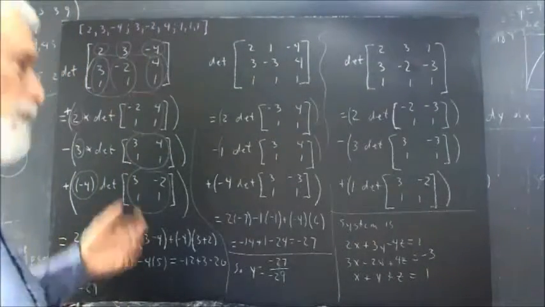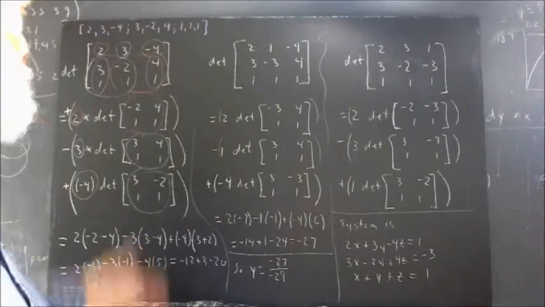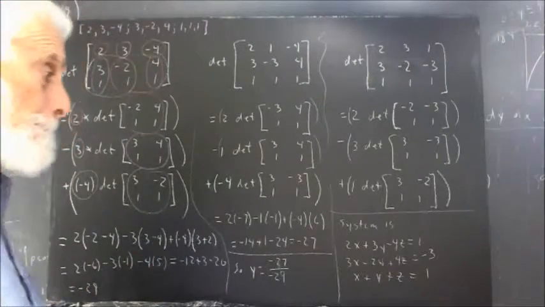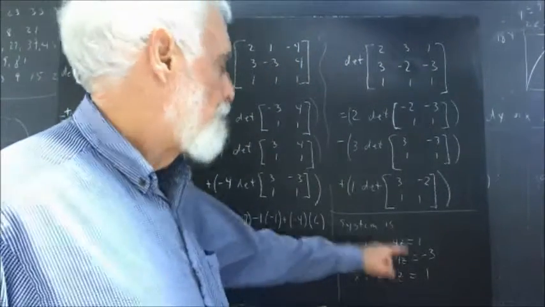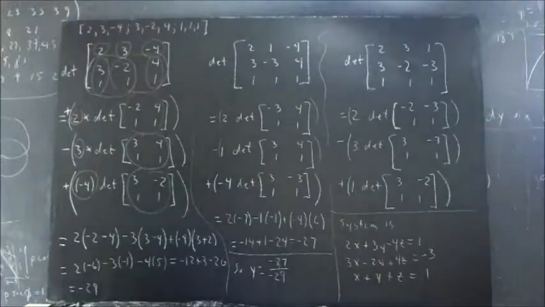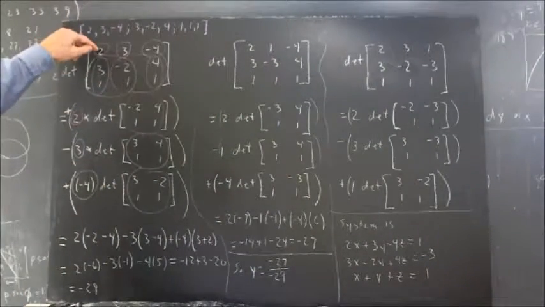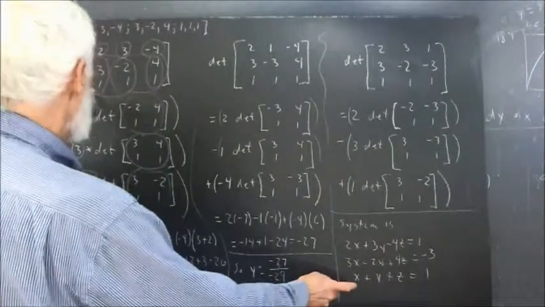Now, let's see how this relates to the system. The system from which we obtain these matrices is here. The coefficient matrix, the matrix of the coefficients of x, y, and z, is clearly our, well, what are our coefficients? X coefficients are 2, 3, and 1.